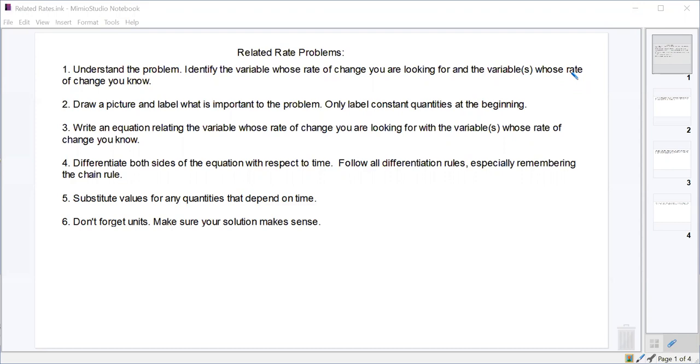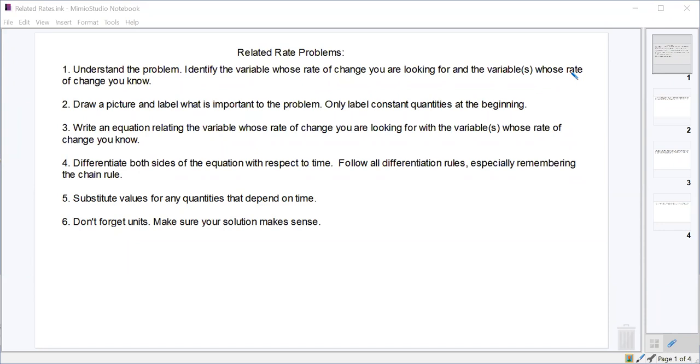Okay? So if I know that the distance between where I'm standing and where a bullet is being fired out of a gun is 100 feet, that distance isn't changing, so I can label that, right?